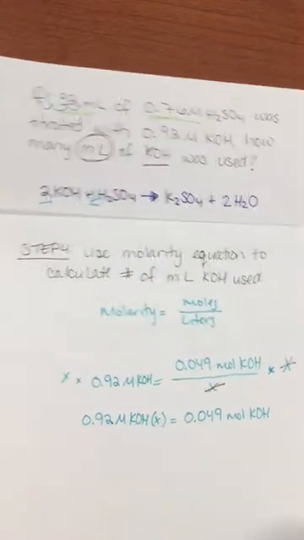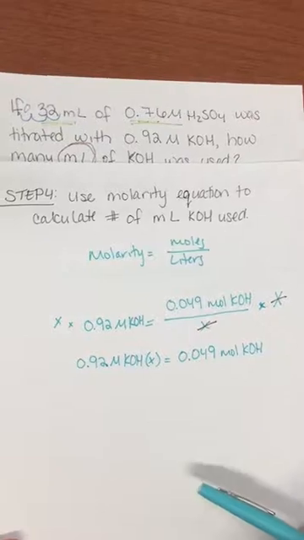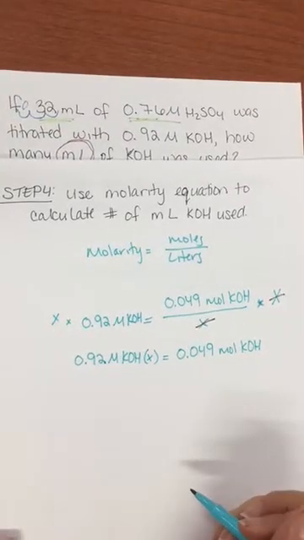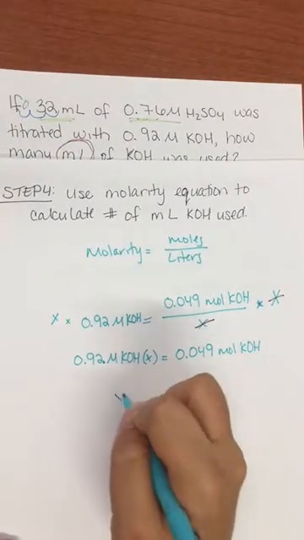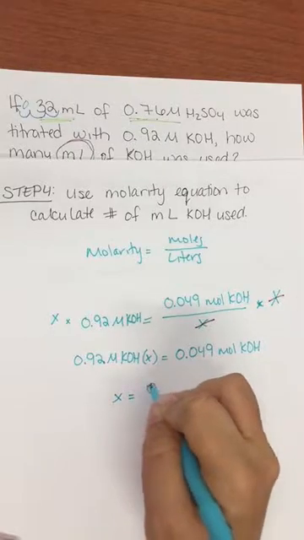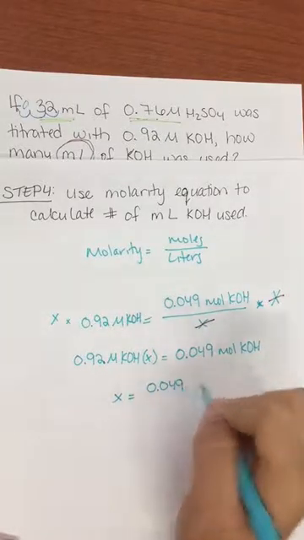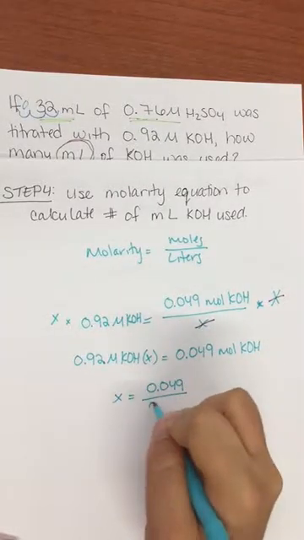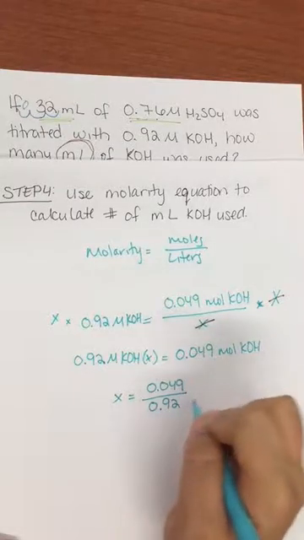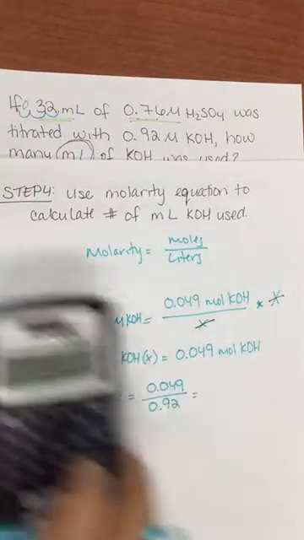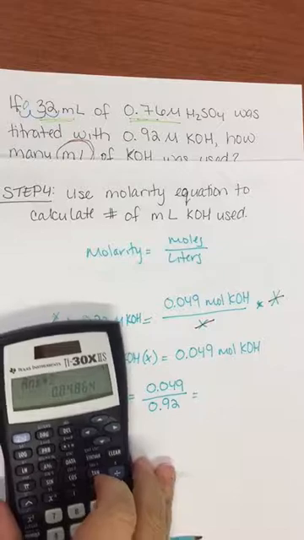Now it's a little bit easier to solve for x because it's no longer in the denominator. x equals 0.049 divided by 0.92.